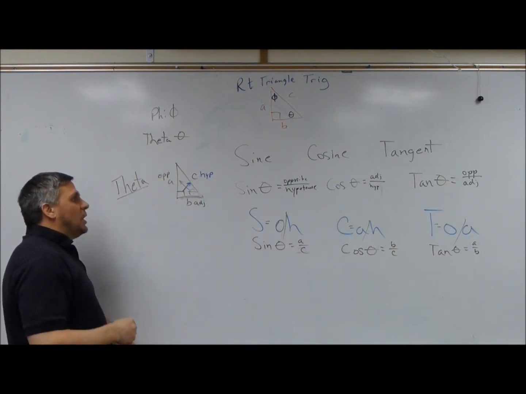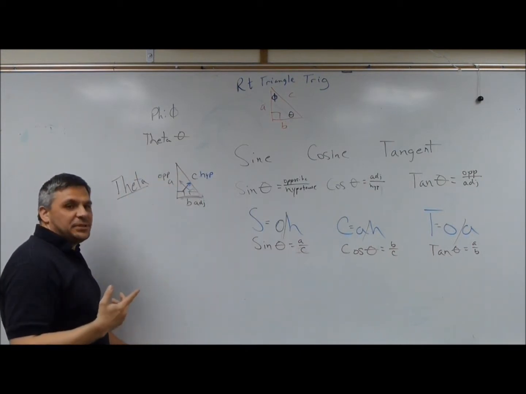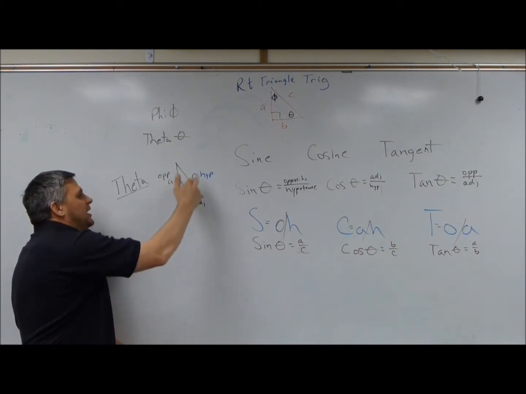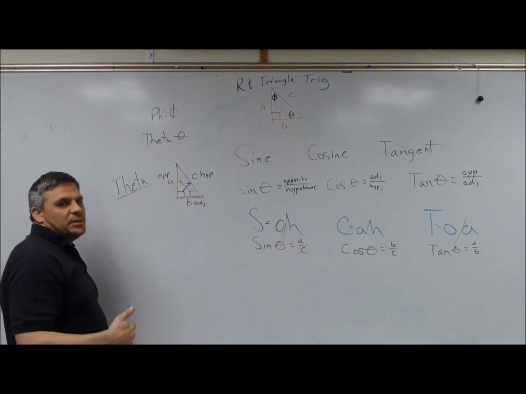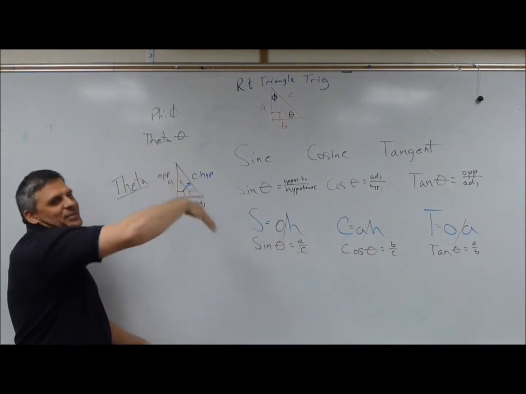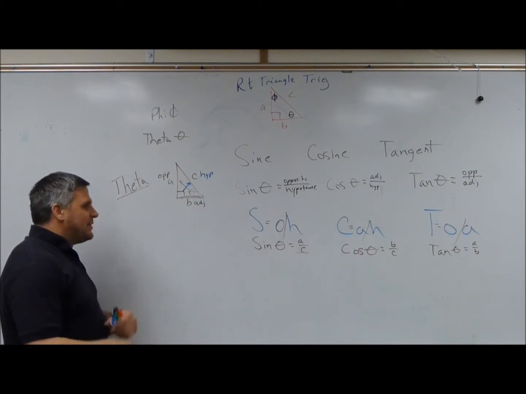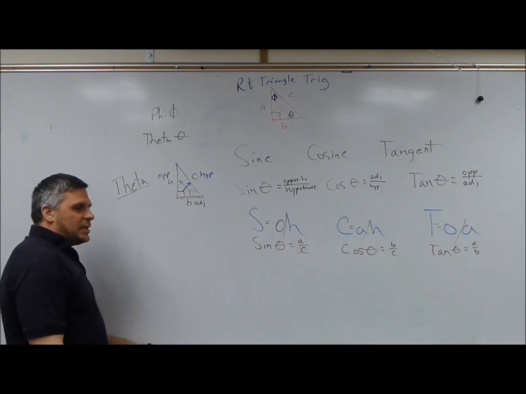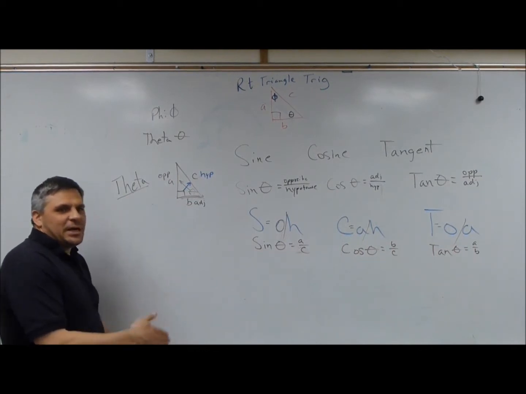The hypotenuse is always across from the right angle. That's easy. It's the legs that get confusing, because with two legs, I have to know which one to grab.